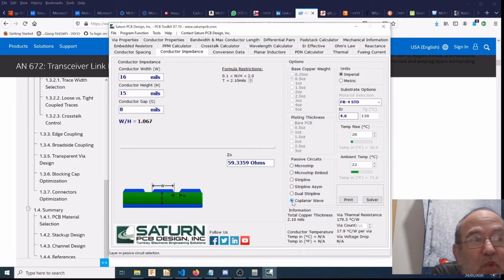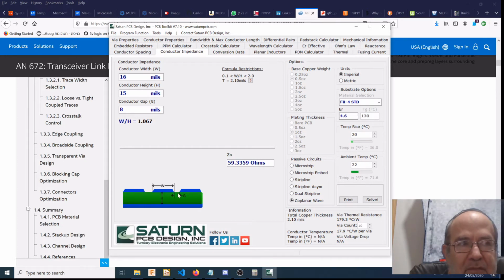A practical way of creating a 50 ohm line on a 2-layer PCB would be a coplanar waveguide, where you have not only your height and your width, but you also have the gap between your reference layers.